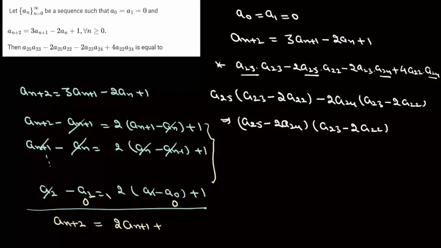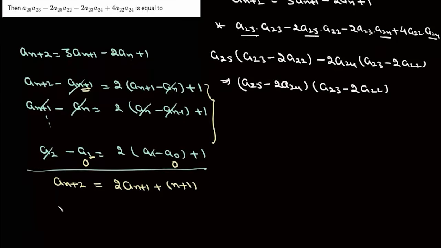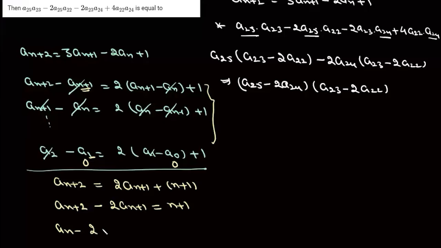Now from 1, it has gone to n plus 1. So there will be total n plus 1 terms. So from here we can say a_{n+2} minus 2 a_{n+1} is equal to n plus 1. Or if we take n as n minus 2, we can write this as a_n minus 2 a_{n-1} will be n minus 1.